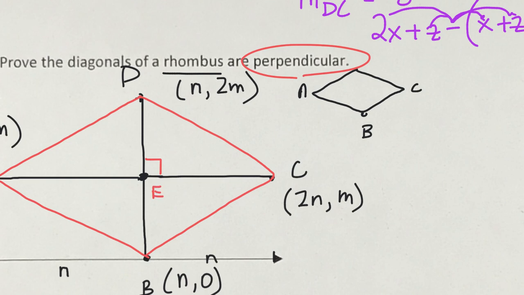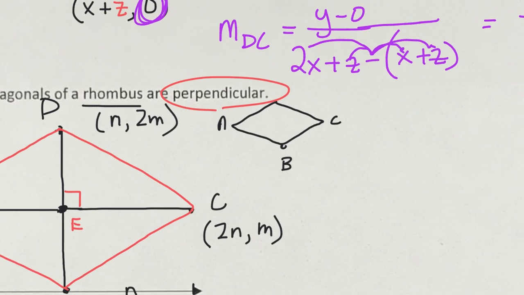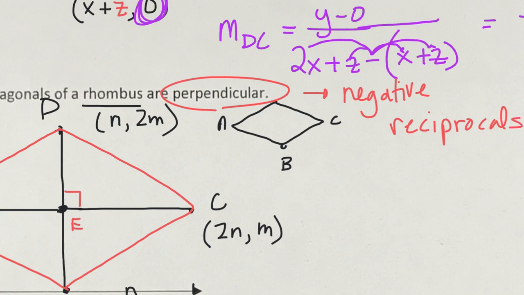So if our lines are perpendicular, what's true about their slopes? Negative reciprocals. If you have perpendicular lines, they have negative reciprocal slopes, like 2/3 and -3/2. Maybe you remember that from your Algebra 1 class. Negative reciprocal slopes are perpendicular.